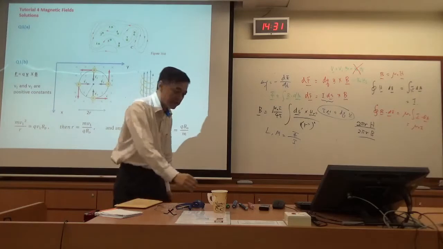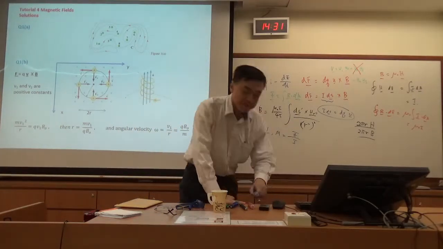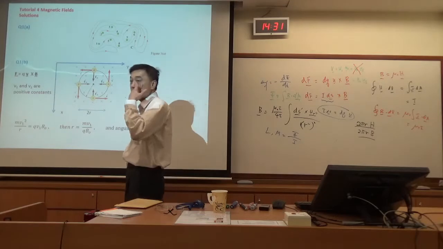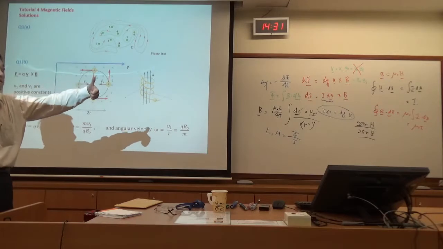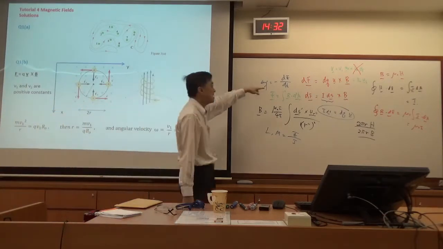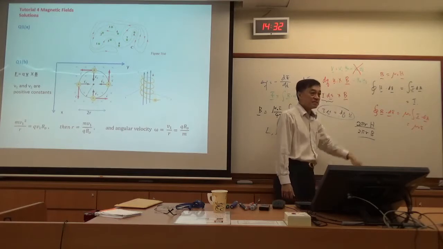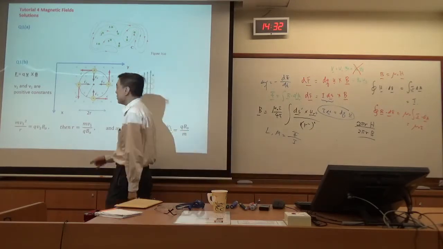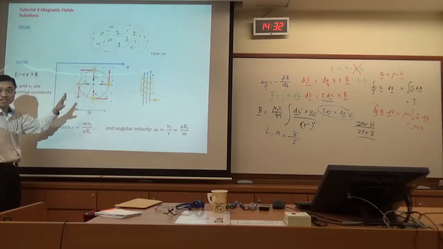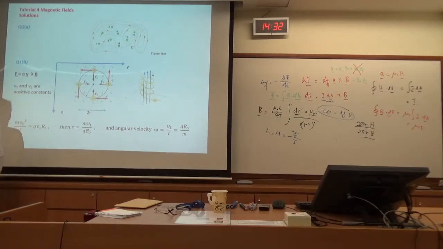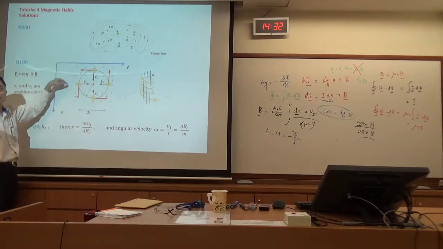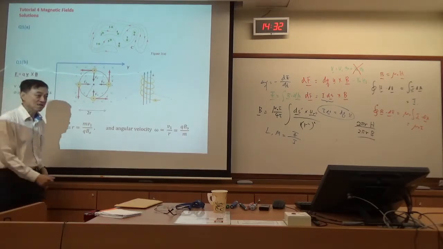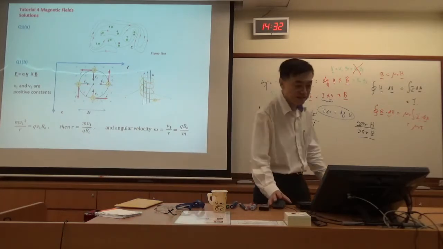The question says the electron is moving in the positive ux direction, but the solution draws this one as a positive charge. Of course an electron moves left while a positive charge moves right. So if the electron moves here, the x-axis should be up and not down. I've drawn this wrongly, so I will just change it.